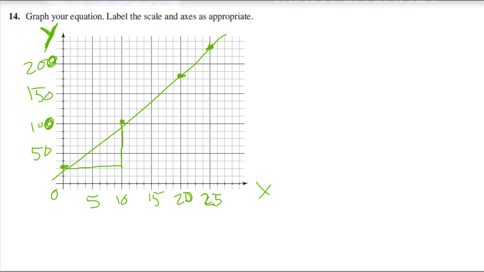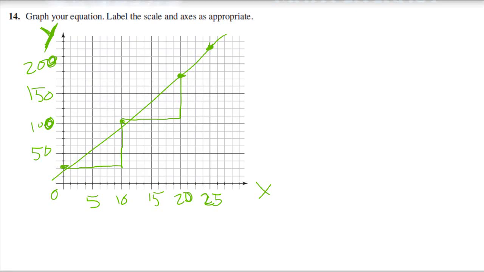So my line went a little bit low. So go over 10, go up 80. 80 plus 28 is 108. If I go over another 10, I'm going to go up another 80. 108 plus 80 is 188. Okay. Different ways of thinking about how to do a graph once you know the slope and the y-intercept.